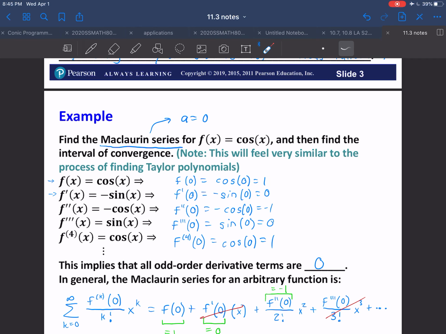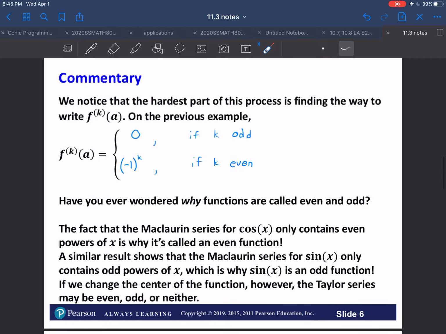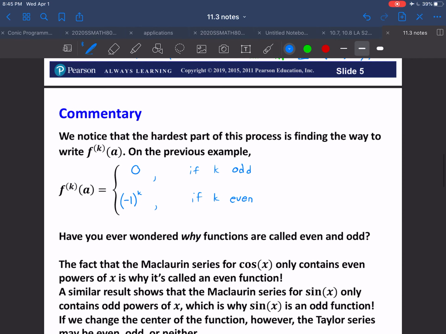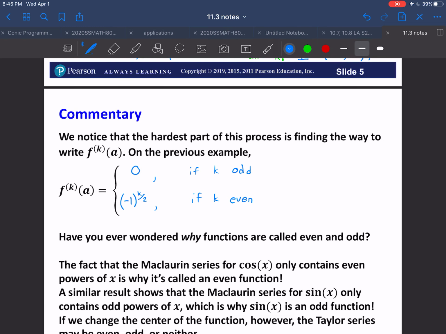And so to get this to work out properly, we're not going to say -1 to the k, but -1 to the k over 2. And that will capture the alternating on the even terms. All right, so the hardest part of doing this sort of process is finding a general way to express this kth derivative of f evaluated at a. And you'll see why this is the case on the next example that we do.